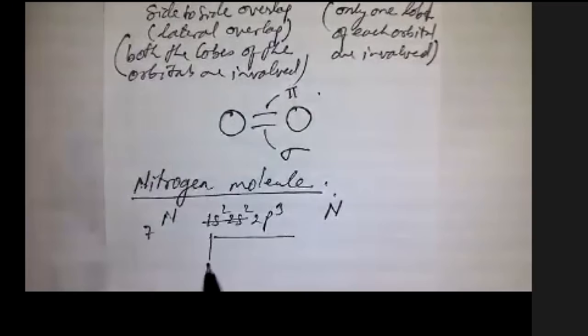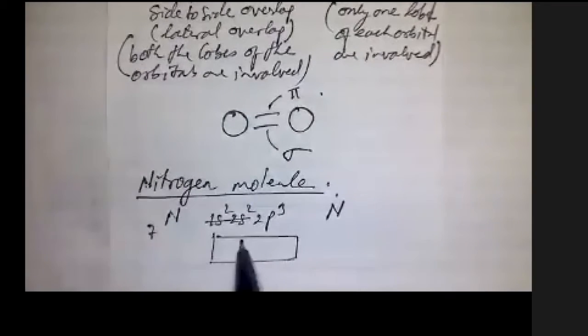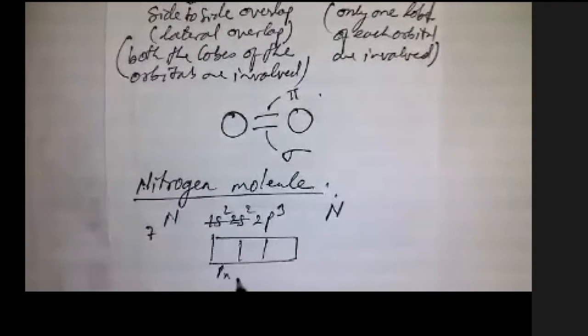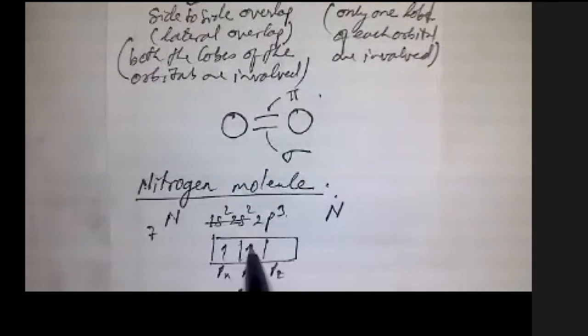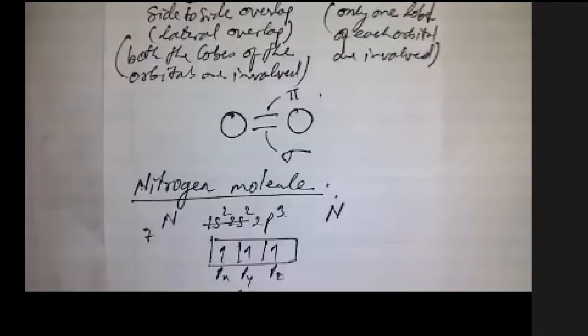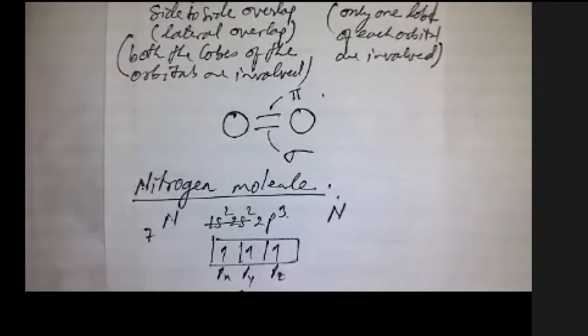So only the p part I'll draw. This is px, py, pz. This is 2p. 3 electrons, 1, 2, 3. So you can see here px, py, pz. All three are unpaired. So what will combine? Px, py, pz. All three will combine.